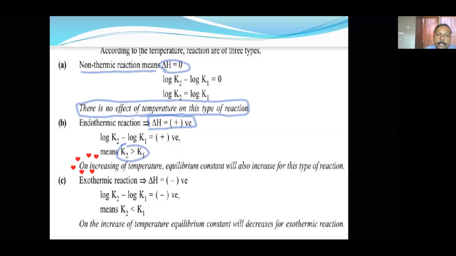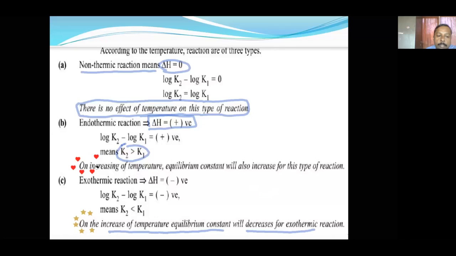Next importance is on the increase in temperature. On the increase in temperature, for endothermic reactions the equilibrium constant increases. For exothermic reactions, it decreases the equilibrium constant. On the increase of temperature, the equilibrium constant will decrease for an exothermic reaction.